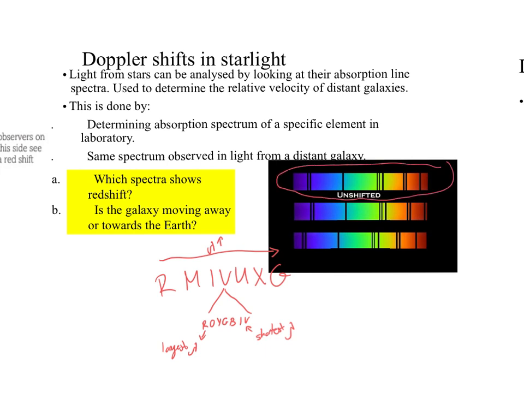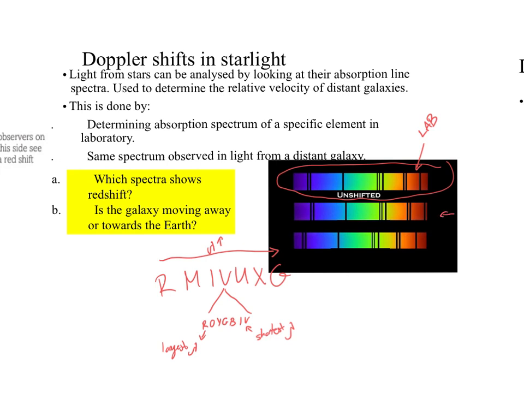This is something that we get by looking at the absorption line spectra from stars and comparing it to the unshifted one that is from, for example, the emission spectrum in a lab. Okay, so that's where they collect it basically. So the unshifted one is the one that was collected from the emission spectrum in the lab.